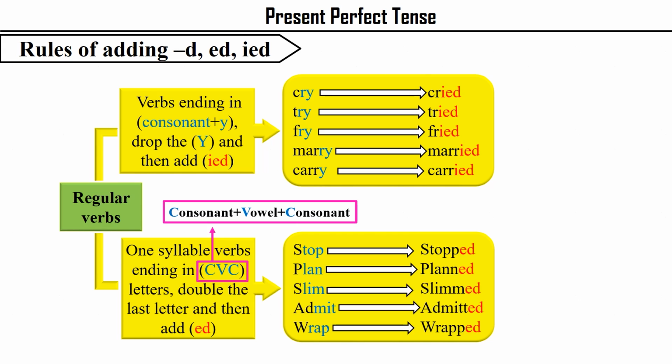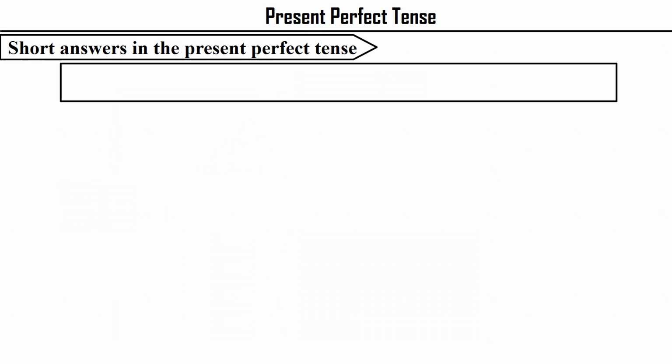Wrap becomes wrapped. All these verbs end in consonant plus vowel plus consonant. First, we double the last consonant and then we put ed. For example, stop becomes stopped. The past form has double p. Stop, stopped, etc. Let's move on.